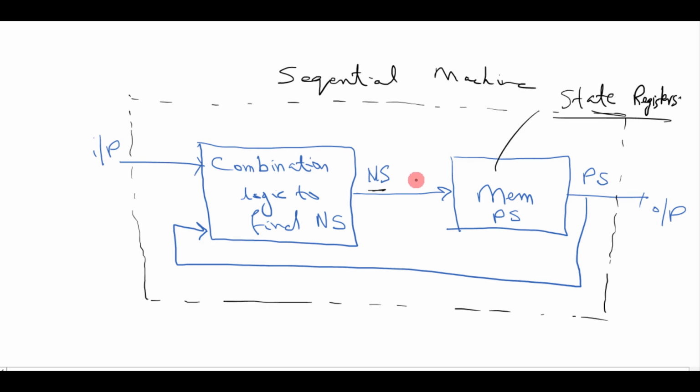We will discuss today what timing issues this circuit can face. And if you apply a clock to synchronize the state registers, this sequential machine is known as a synchronous sequential machine, or alternatively a finite state machine. What is finite here? I will talk about it later.